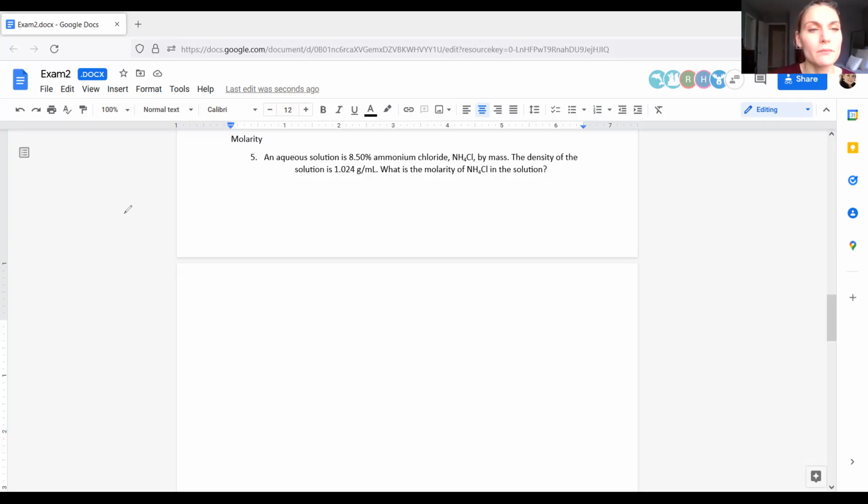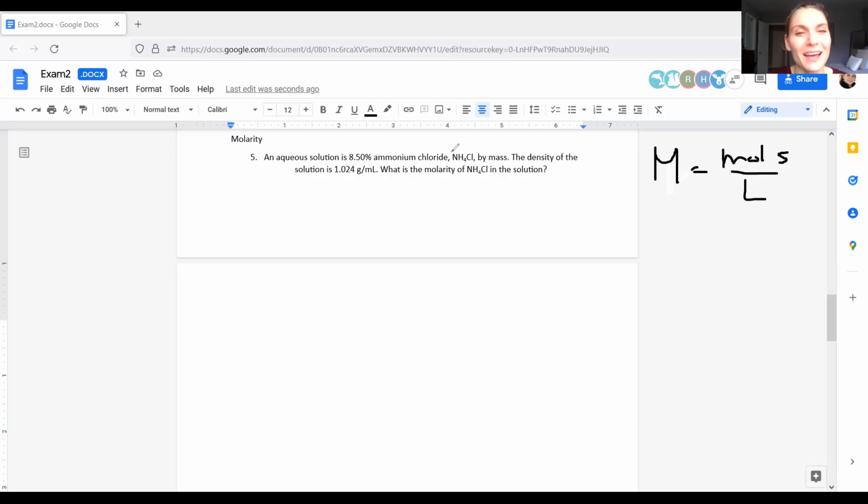Now remember, molarity is your moles over liters. It's the moles of your solute over the liters of your solution. Now you may look at this and be like, wow, this had a lot of pieces to it, and it seems kind of confusing how it's mixed together. But what it's actually going to do is give us a couple pieces that we need.